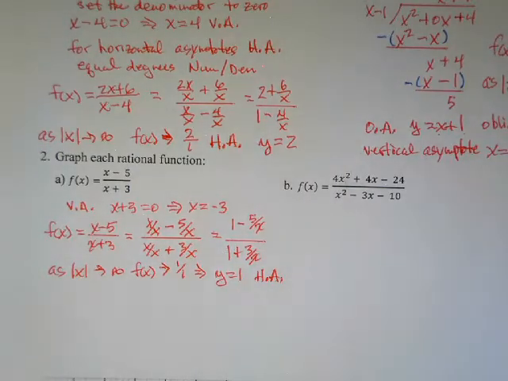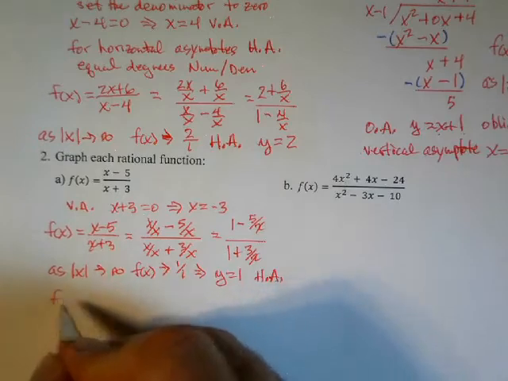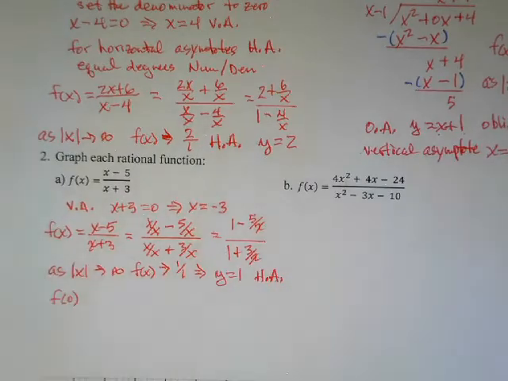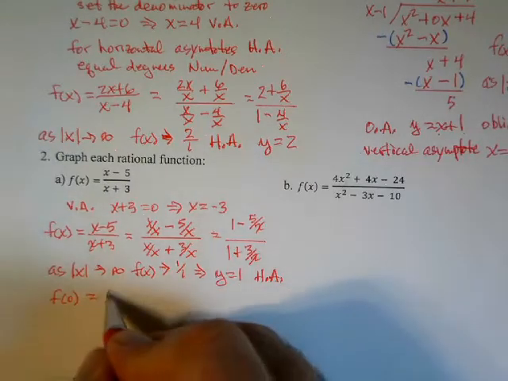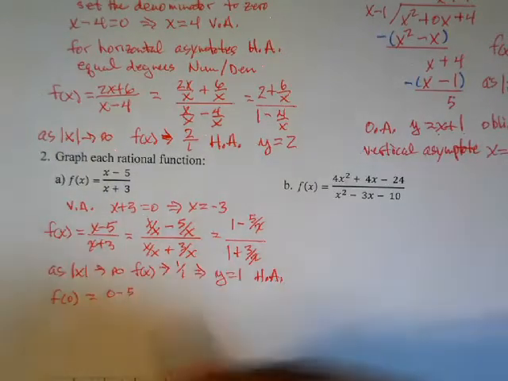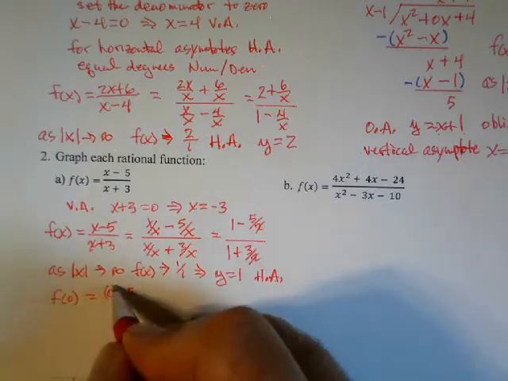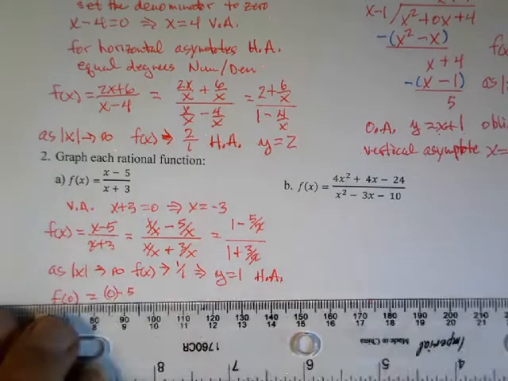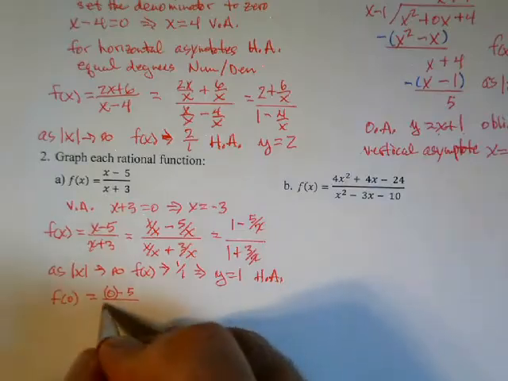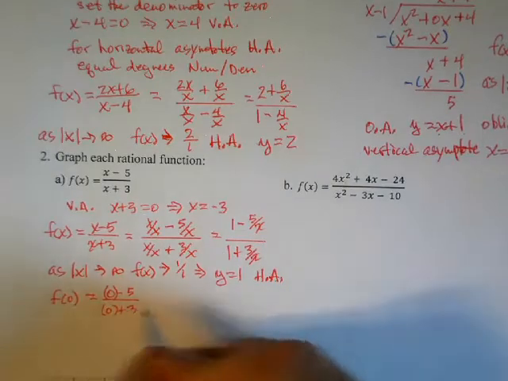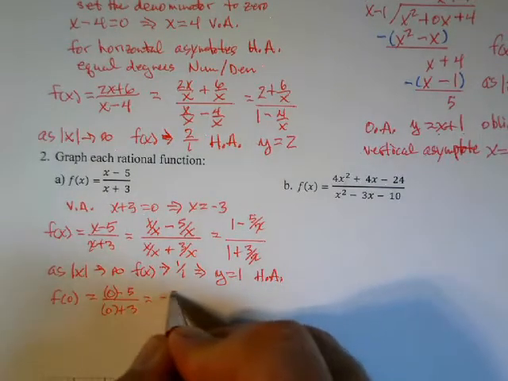Also, if we find the x equals 0, the y-intercept, we get 0 subtract 5 over 0 plus 3, or negative 5/3, which is the y-intercept.